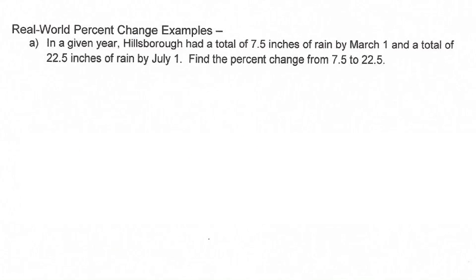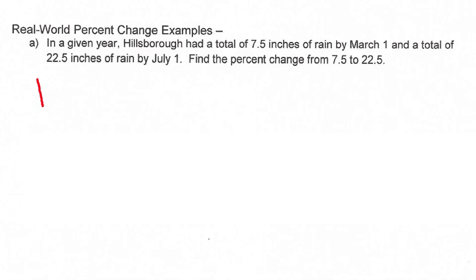Now let's look at the real-world percent of change examples. A, in a given year, Hillsborough had a total of 7.5 inches of rain by March 1st and a total of 22.5 inches of rain by July 1st. Find the percent change from 7.5 to 22.5.